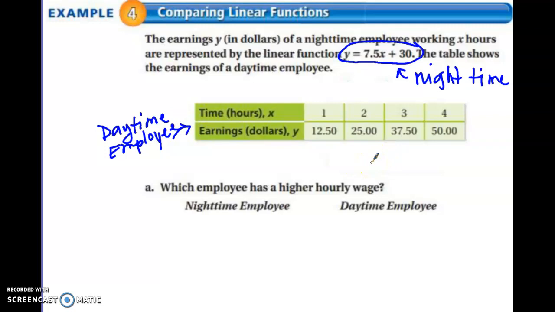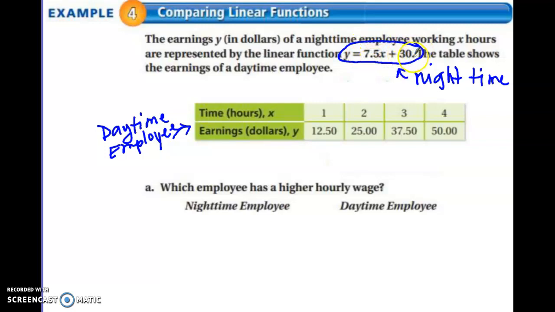So they want to know which employee has a higher hourly wage. What do you think you can do to figure this out? Many of you probably already have the answer in your head. So remember that the slope of a function is always a rate.